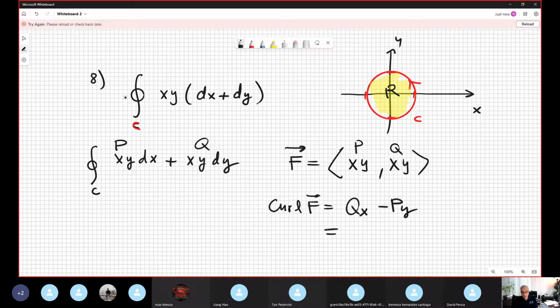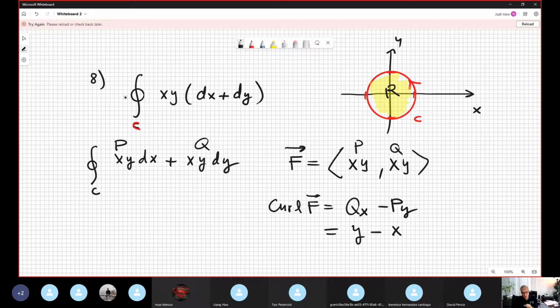Entonces the partial derivative of Q with respect to x minus the partial derivative of P with respect to y is y minus x. Not zero. Not a conservative field. Si es conservative, the answer to this problem is 0. Okay? By the way, it's a curiosity. In this example, the answer is 0. However, the vector field is not conservative because the curl is not 0.